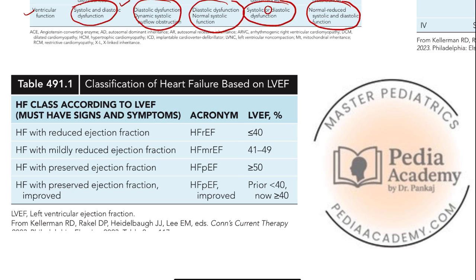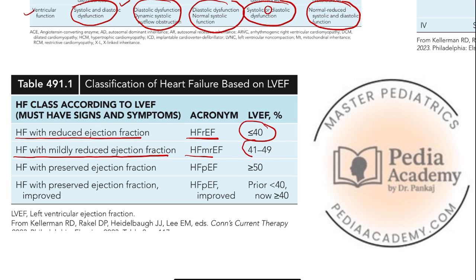They have classified it as heart failure with reduced ejection fraction. So the acronym is very important. This is written like this, and in this condition, left ventricular ejection fraction is less than 40%. Heart failure with mildly reduced ejection fraction, it is written as this. They'll ask the percentage of this left ventricular ejection fraction.